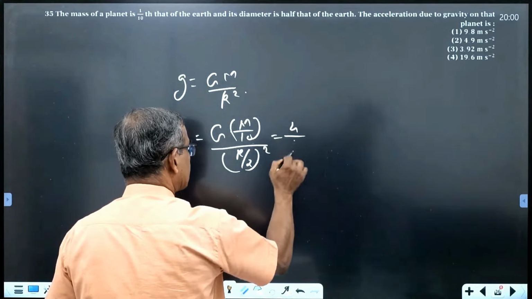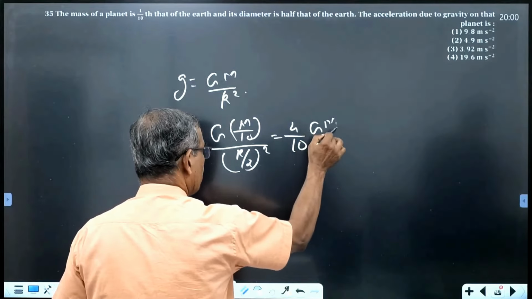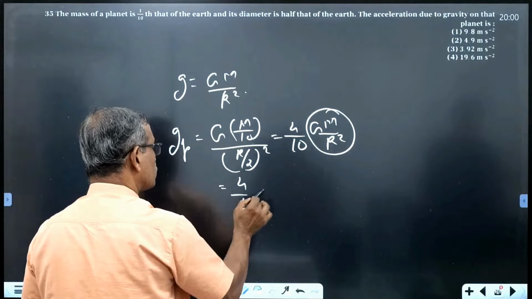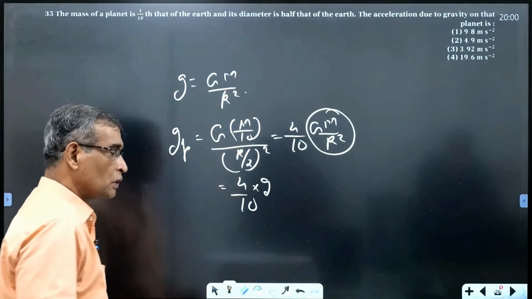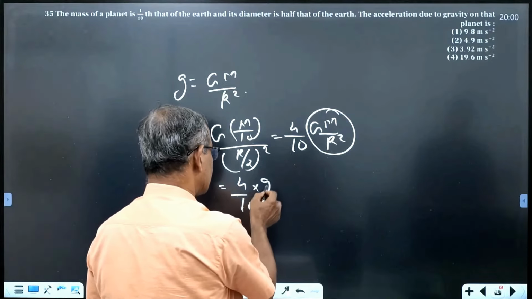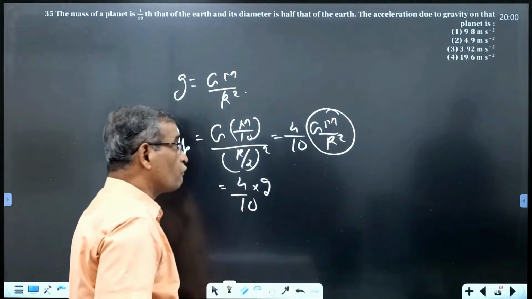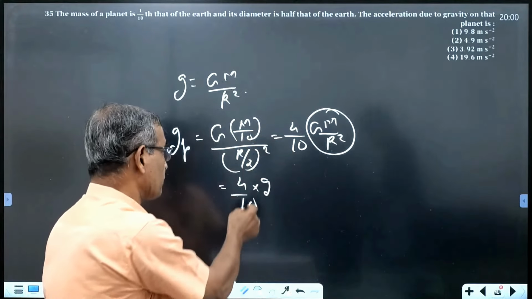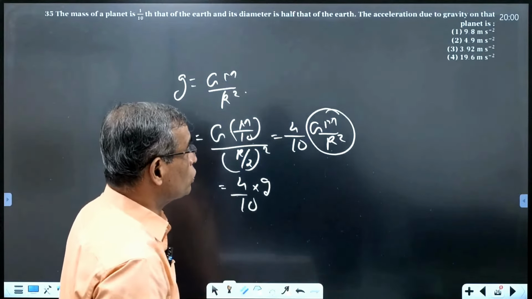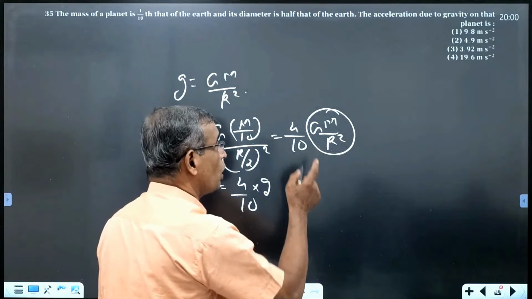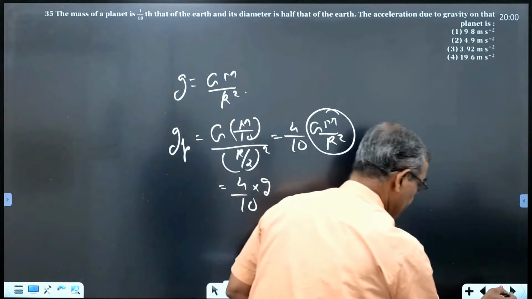Equal to 4/10 GM by R square. This is our g. Equal to 4/10 g. If you take g is 10, it is equal to 4. Or that is equal to 3.92 if you take 9.8. The answer is 3.92 meters per second square. So the option is 3.